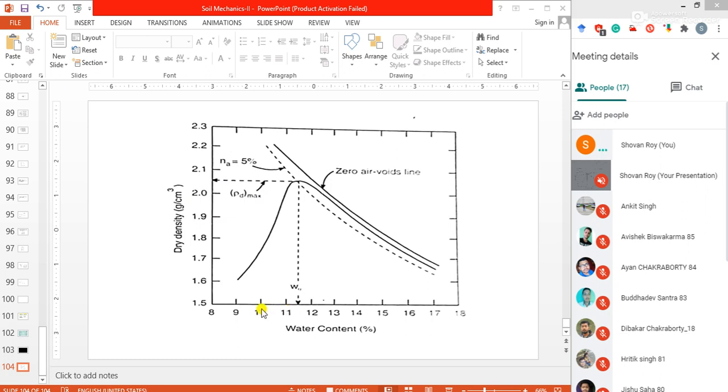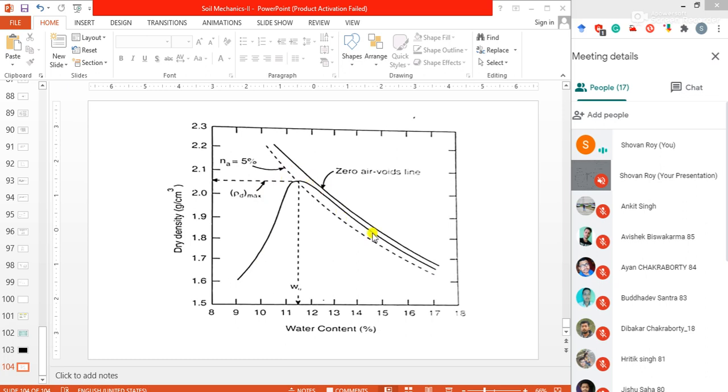Same at that stage, when you add 9%, 10% or 11%, whatever the percentage of water content, you compact your soil as per the procedure and you get some bulk density. With the water content and bulk density available, you can get the dry density. But also at that stage, you should calculate the percentage of air voids in the soil.